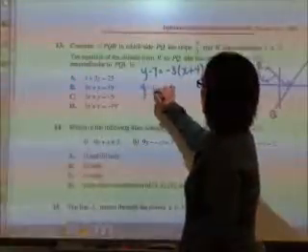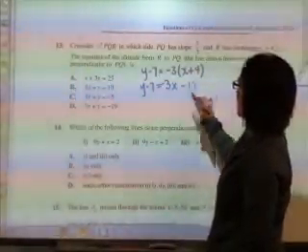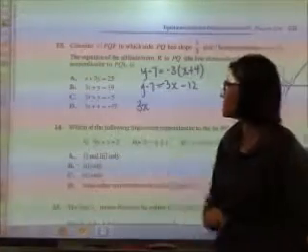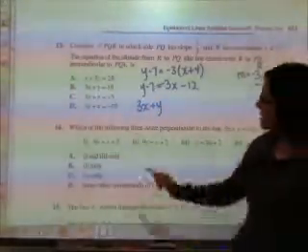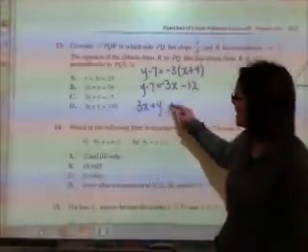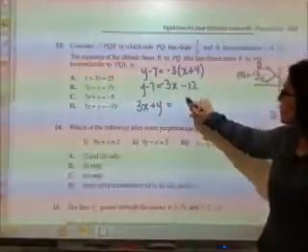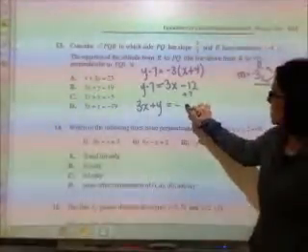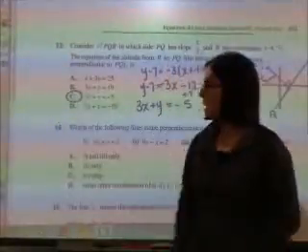So I get y minus 7 equals negative 3x minus 12. Put the 3x to this side to make it positive. The y is positive. And this time what you notice is it equals and the constant's on the other side. So if I move the 7 over, it becomes positive, and with the negative 12 gives me a negative 5. And C becomes my answer.